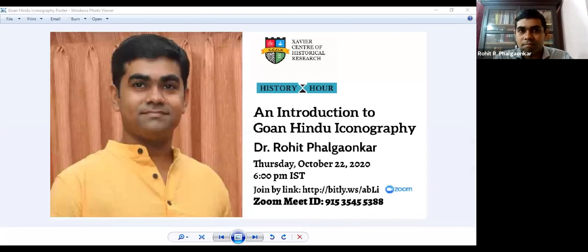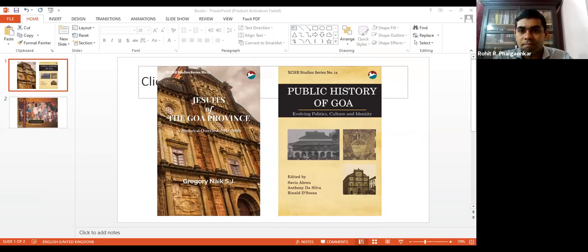These are a couple of publications from the Xavier Center. One is called The Jesuits of the Goa Province, a historical overview, 1542 to 2000, authored by Gregory Naik. Another publication that we have is The Public History of Goa, edited by Sabio Abreu, Anthony da Silva, and Reinald de Souza.